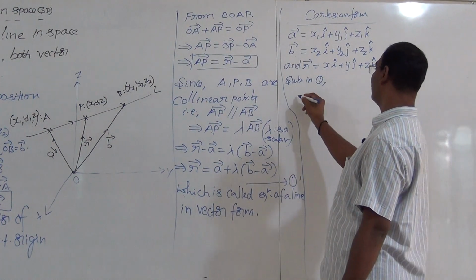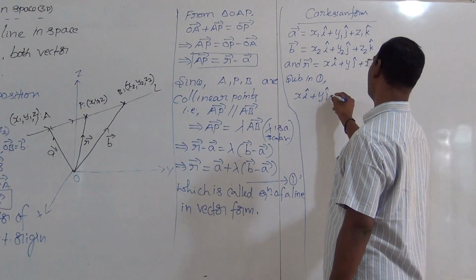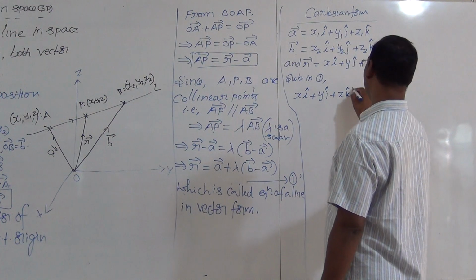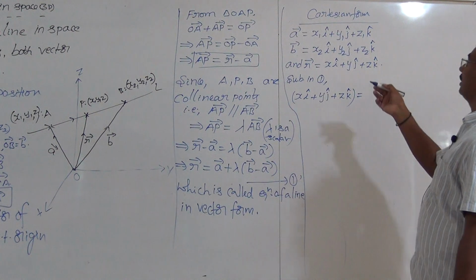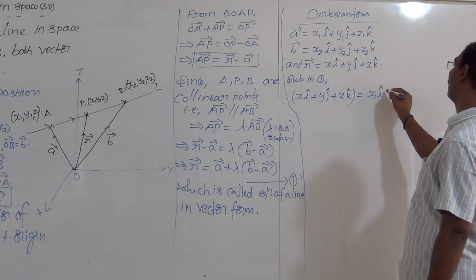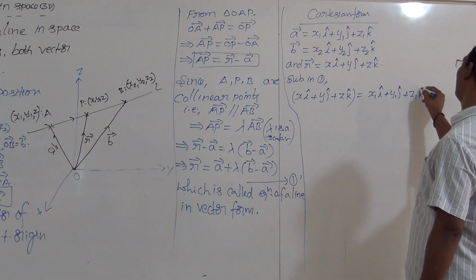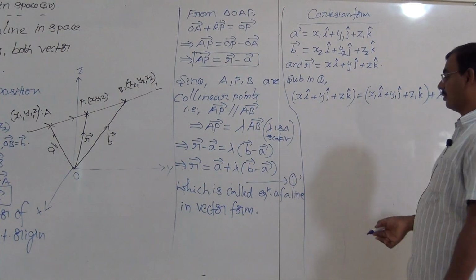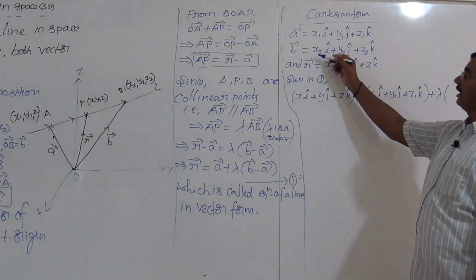R bar is xi plus yj plus zk, which is equal to the A vector, that is x1 i plus y1 j plus z1 k, plus lambda times the B vector minus the A vector.